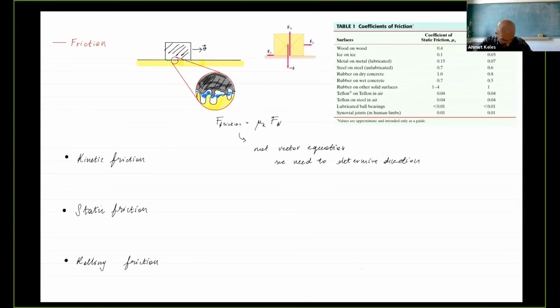By the way, I think I didn't say it yet, but kinetic friction is when the object is moving. And of course, that's not the only one. There is also a friction force when the object is stationary, and we call it static friction.